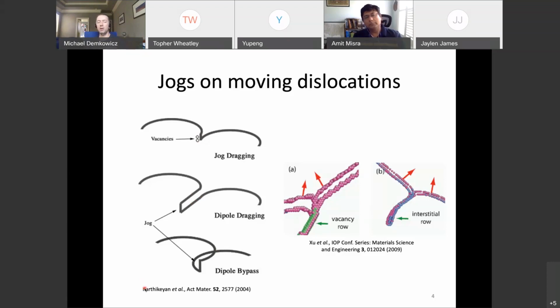So depending on how strongly locked that jog is, you can either drag it and form point defects, or you can have the remainder of the dislocation bowing around that jog. So that's what can happen as a result.